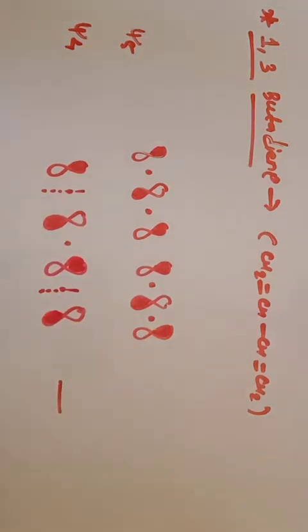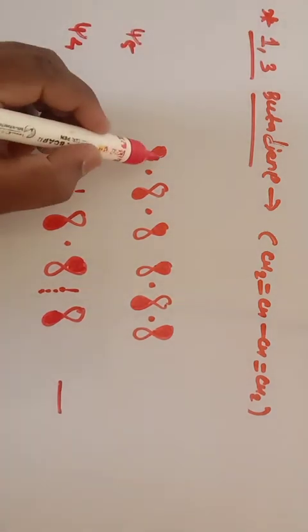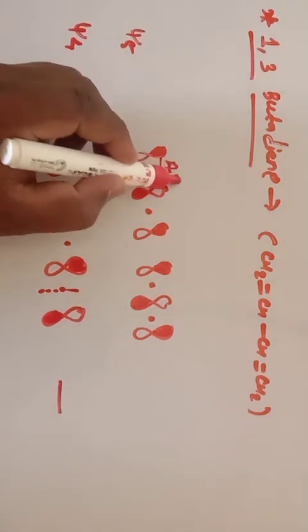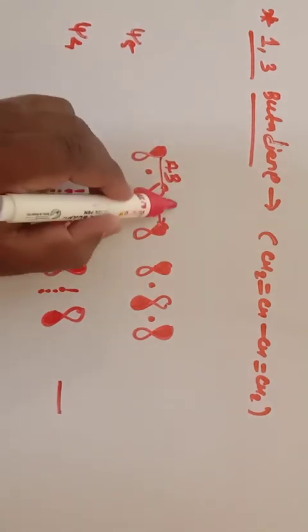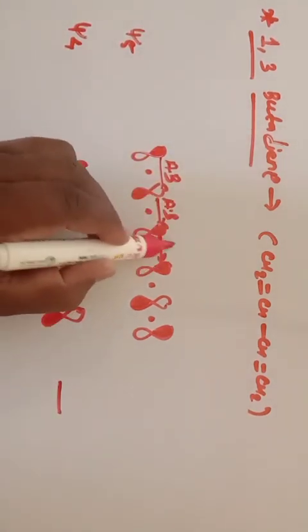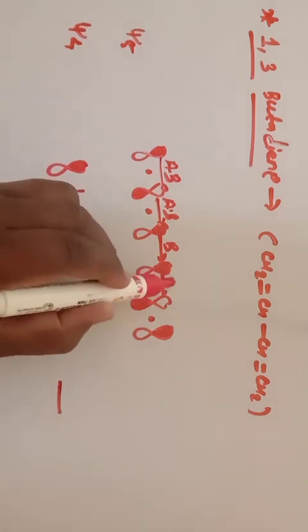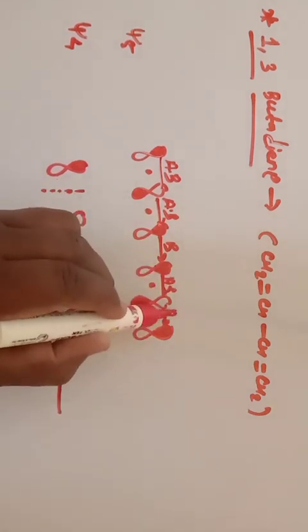So in psi4 only 4p orbitals of carbon atoms, 4 carbon atoms, are involved in bonding. In this case all are involved, but if you consider this is antibonding, this is also antibonding, this is your bonding interaction, this is also antibonding, and this is also antibonding.